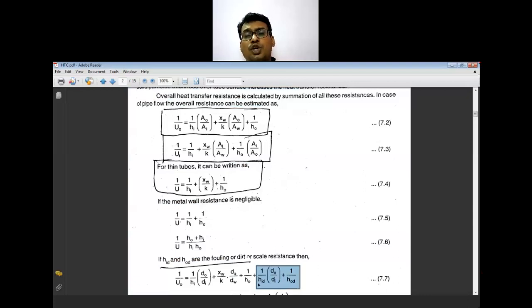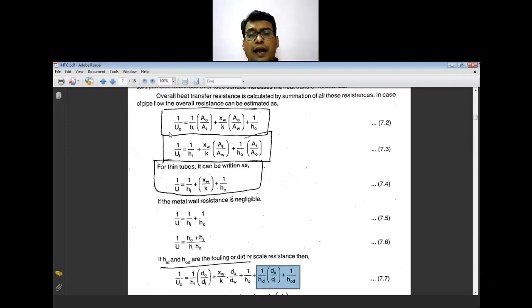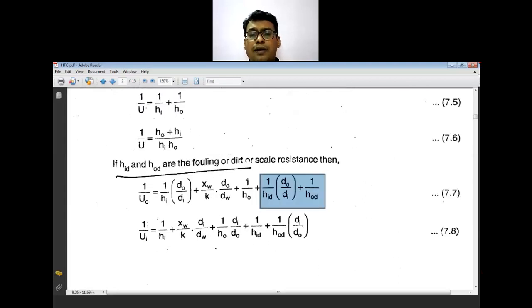Whenever you calculate the UO, then DO upon DI is to be multiplied. Similarly, in case of 1 upon UI, here we are multiplying DI upon DO to HOD as well as HO. For both, you have to multiply by DI upon DO.